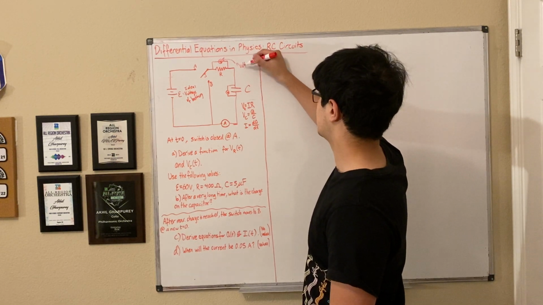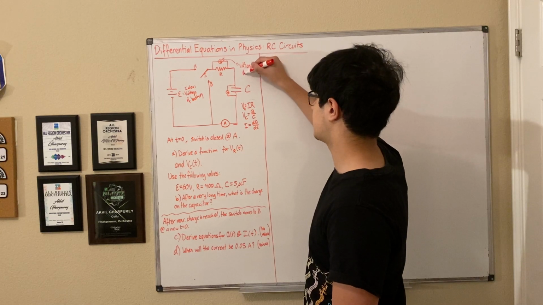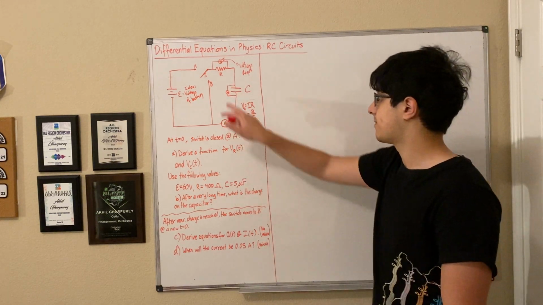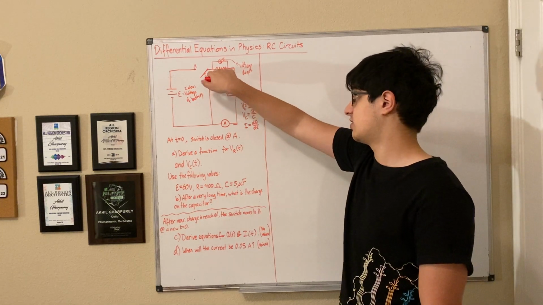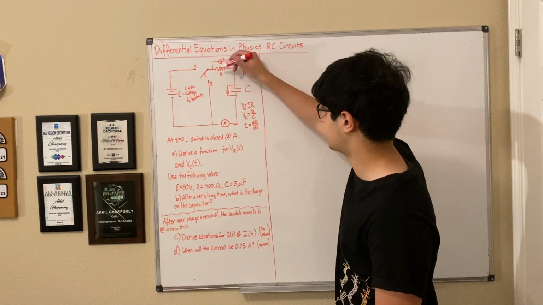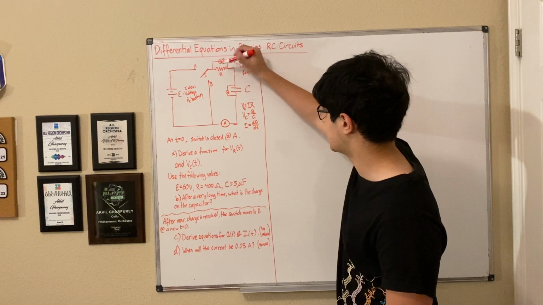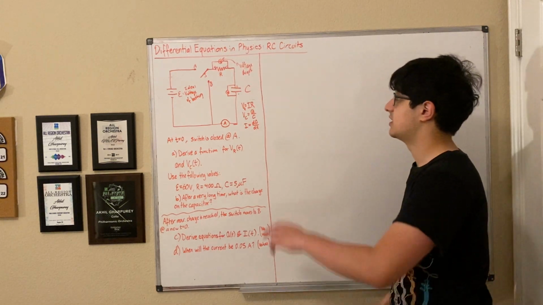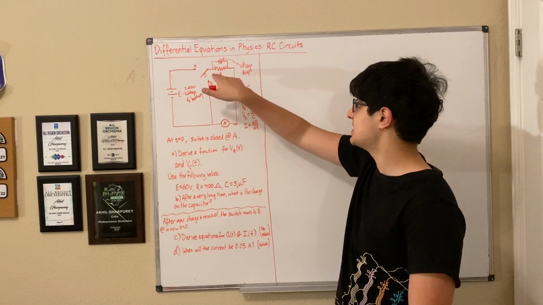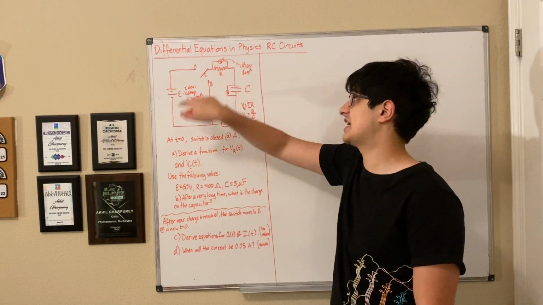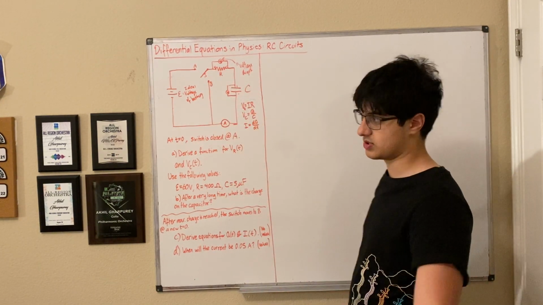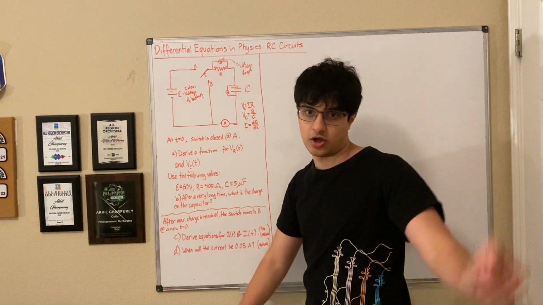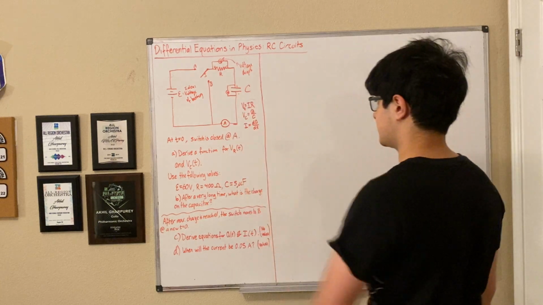So for simplicity's sake, we're just going to call this the voltage drop. Essentially, how much does the voltage change from this terminal to this terminal, the positive and negative terminal across the resistor. This is also positive and negative. This is saying what is the difference in electric potential as we go across the terminals of this resistor. That was a lot of jargon, but it'll all make sense when we actually analyze the circuit.